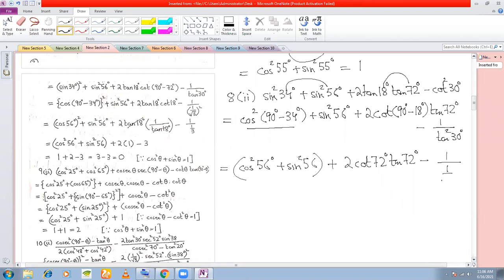Tan 30 is 1 by root 3 square. Now cos square theta plus sine square theta is 1 plus, now these two are reciprocal relations, cot theta tan theta, so their product must be 1 minus 1 by 3. So this is 1 plus 2 minus 3, which is equal to 0.